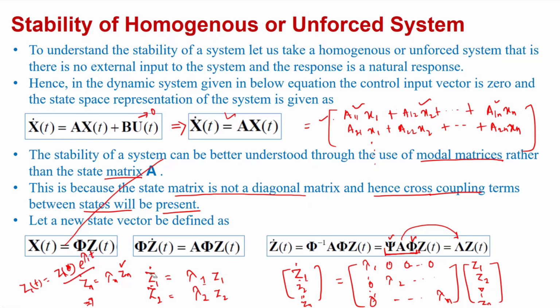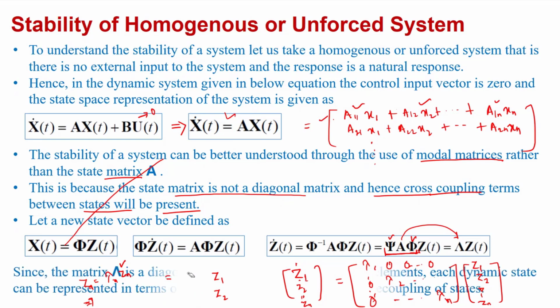I can write that directly because there are no cross coupling terms. This is the advantage of using the modal matrix, or diagonal matrix: we convert the state equation from cross coupling form to decoupled form. This is called decoupled representation.